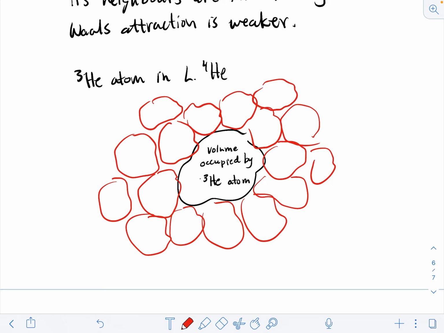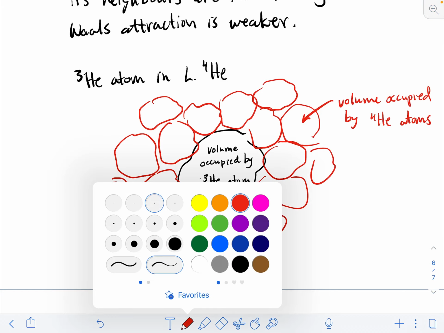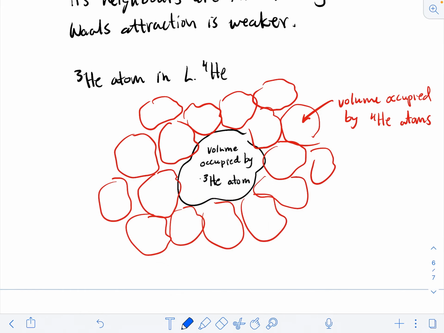Okay, and so we can come up with a characteristic distance between a helium-3 atom and its neighbors.